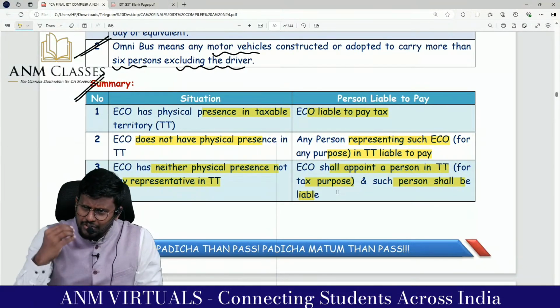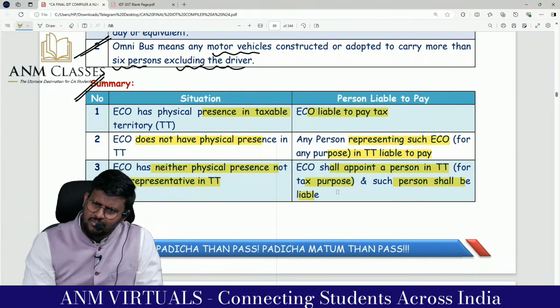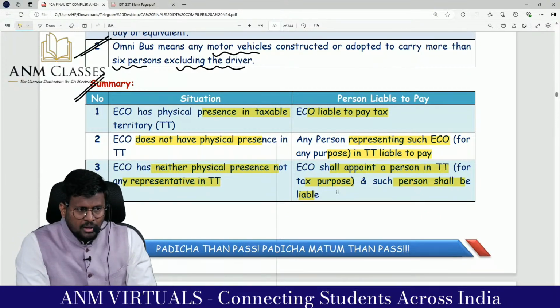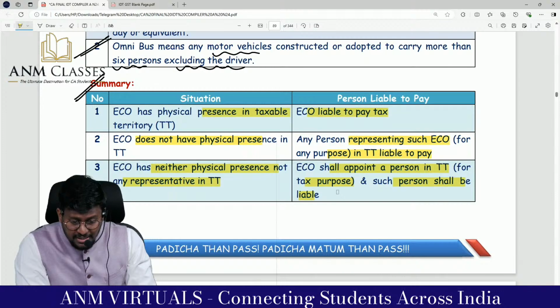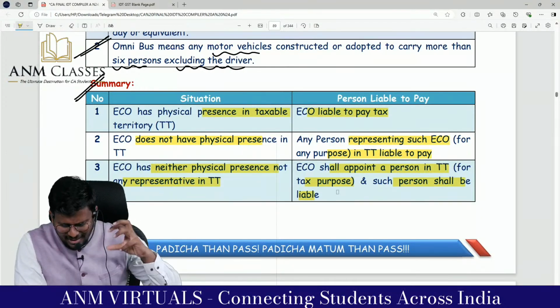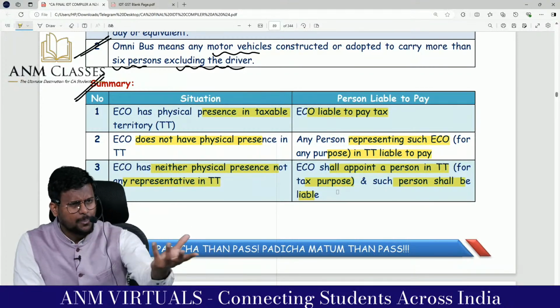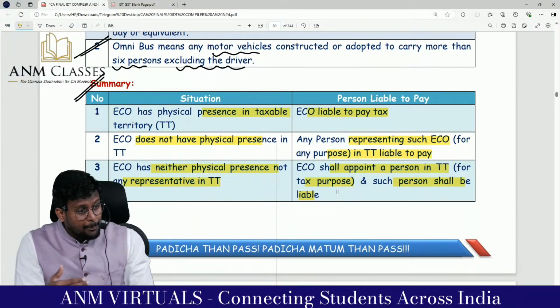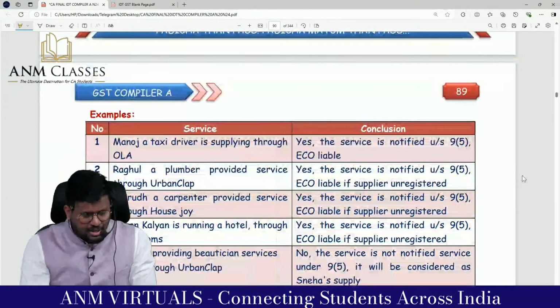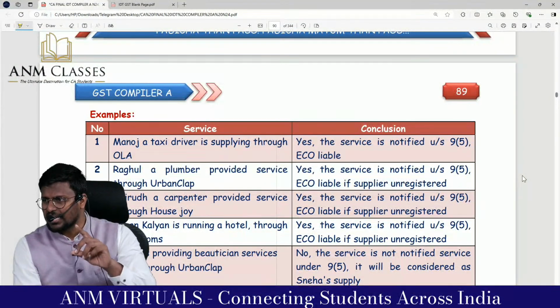Sir, if they have physical presence, who will pay the GST? Sir, if they don't have physical presence, then any representative. Are you really with me? Sir, if the e-commerce operator has neither physical presence nor any representative, they should appoint a person for the purpose of payment of GST under 9(5) or 5(5), as the case may be.